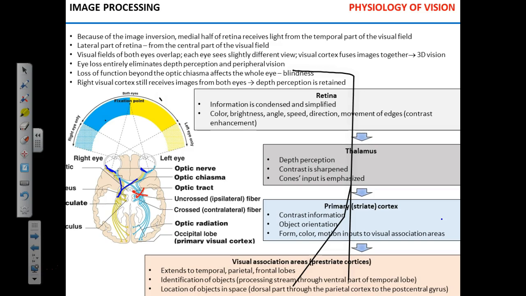What's going to be impaired in the tract damage? The visual area, right? So the width of the visual field will be decreased in the tract damage, but depth perception will remain. Does that make sense?